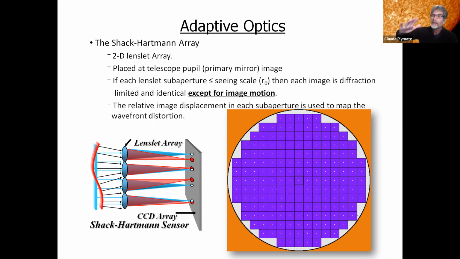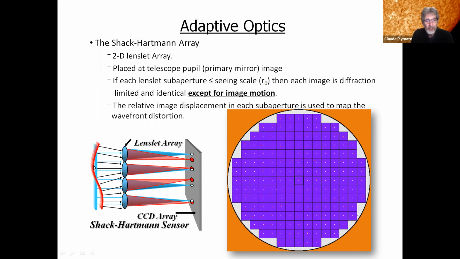The wavefront can be thought of as flat across that aperture, but it can still be tipped or tilted, which will cause the image to be displaced. This cartoon on the left illustrates that nicely. If you have a perfectly flat wavefront coming in, an identical image will be formed behind each lenslet at the same location behind the lens.